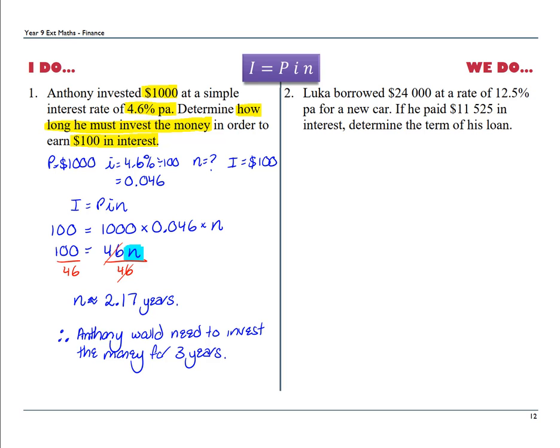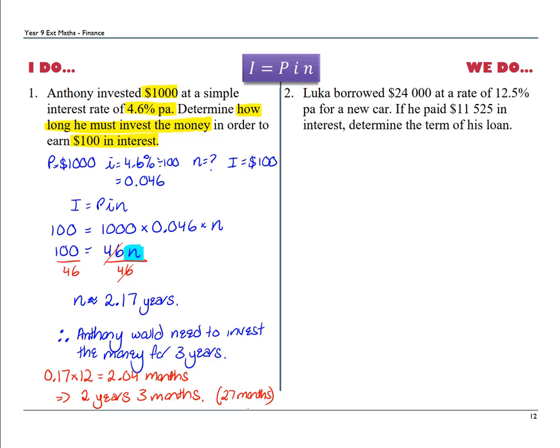Now, if you could go to months, you could go 0.17 times by 12, which is 2.04 months. So your other option is to say 2 years, and again you need to round up, and 3 months, or 27 months.